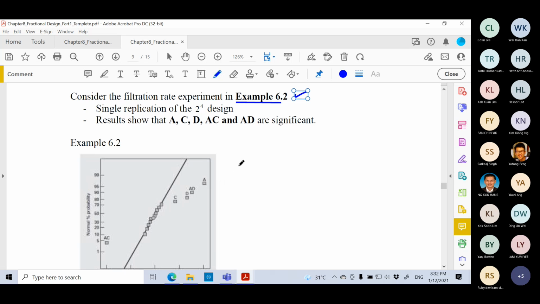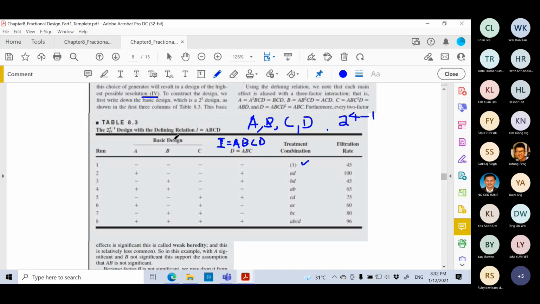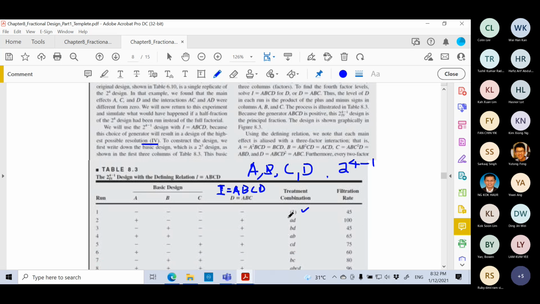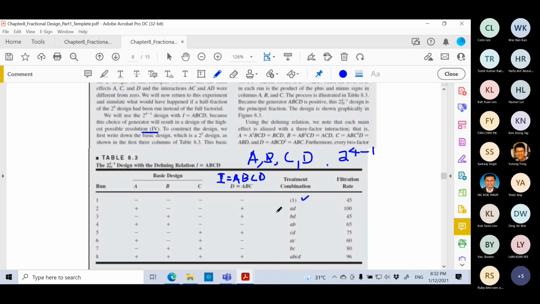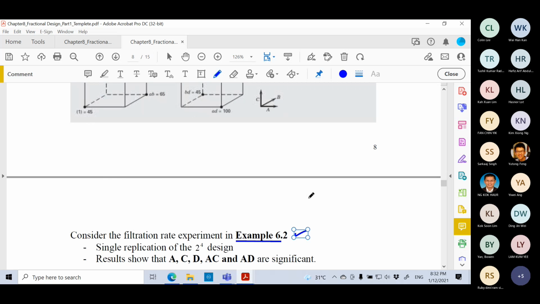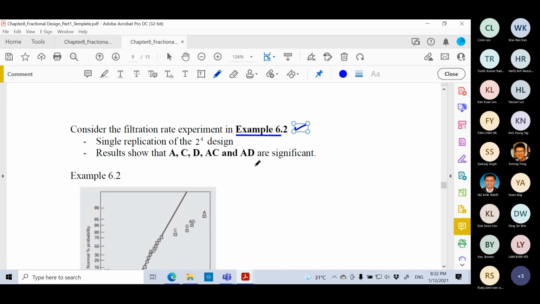But now we are using the same example as the question, but now we only consider the one half fractional design. We only run 8 of them. We expect that we will also get a similar result as given if we run the full factorial design.